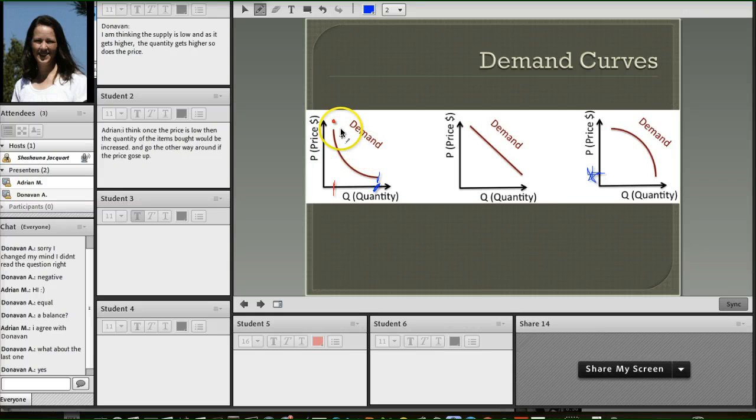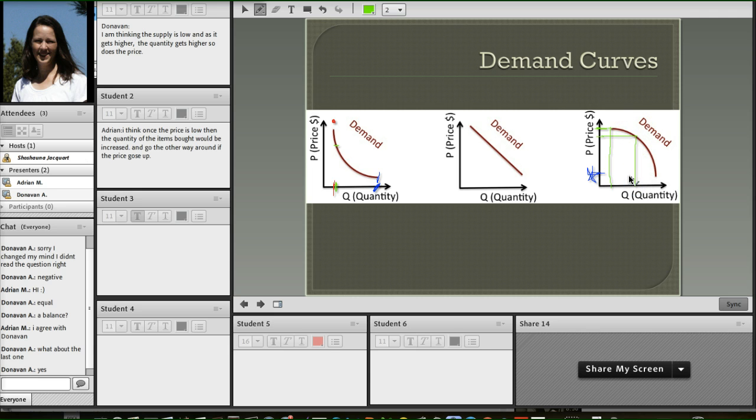So if I came over here, change colors. If I move my price to this realm here, my quantity of demand didn't change that much. Whereas if I look over here, if I were to move from this price to let's say that price, then I'm going to stretch, and then I'm going to drop my line so we could see the change in quantity.